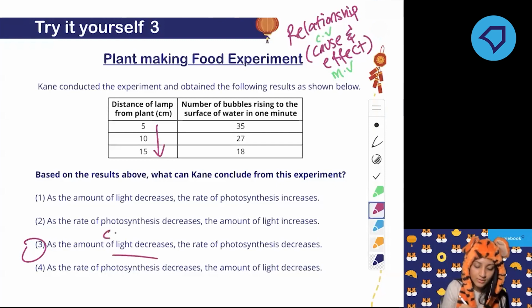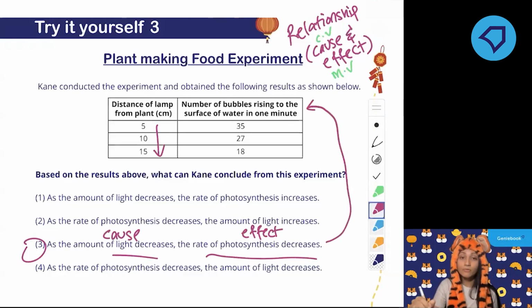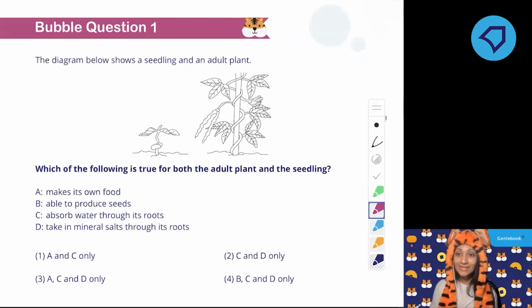So this is the cause. And rate of photosynthesis is the effect. And in this case, how do you measure the rate of photosynthesis? You look at the number of bubbles. The more bubbles there are, the higher the rate of photosynthesis. Means the plant is very happy, photosynthesizes a lot, gives out a lot of oxygen. That's why. Right, let's look at the next question.